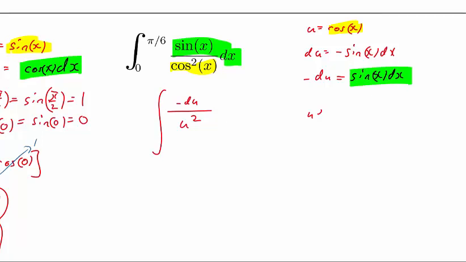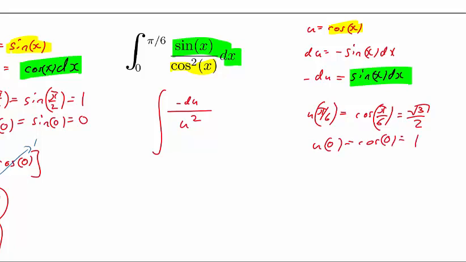U of pi over 6 equals cosine of pi over 6, which is root 3 over 2. And then we've got u of 0, which is cosine 0, which we just talked about, is 1. So we're going from 1 to root 3 over 2. Alright, so let's go ahead and further evaluate this.